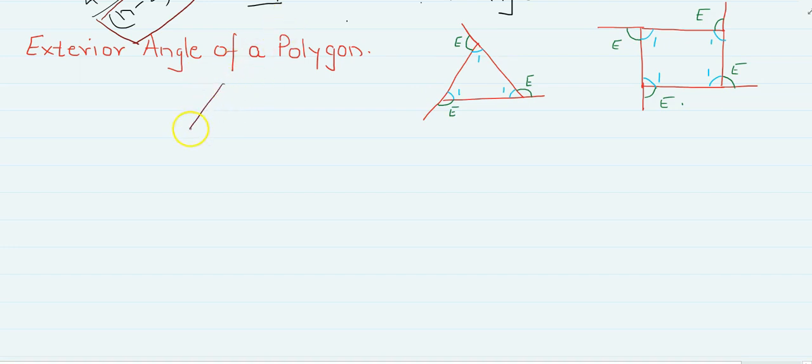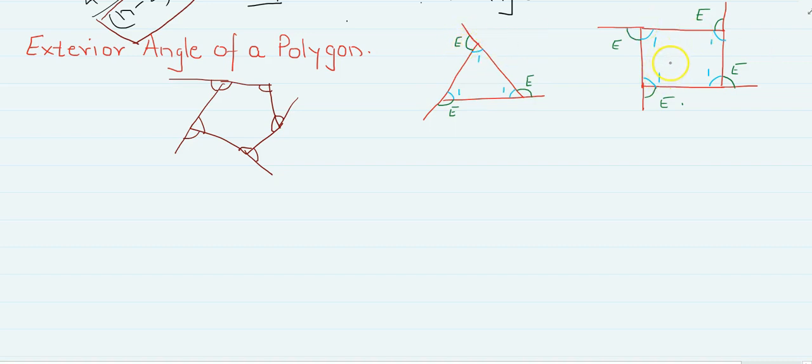In a polygon, these are called interior angles, and if we extend one side, this is called an exterior angle. So if there are 3 interior angles, there are 3 exterior angles.